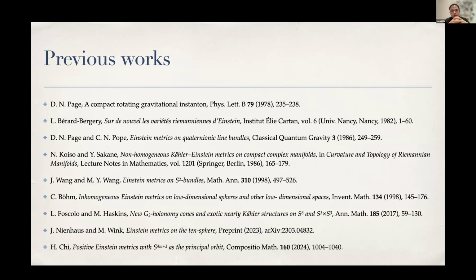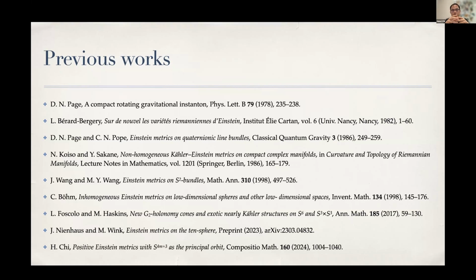They are related to physics, and people call them gravitational instantons. It is a positive Einstein metric defined by gluing two copies of CP2 together, done around 1978. After that, Bérard-Bergery generalized the Page metrics in a more systematic way.